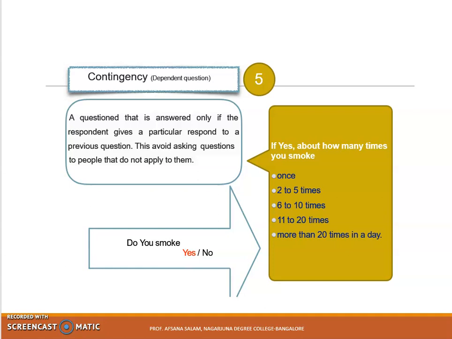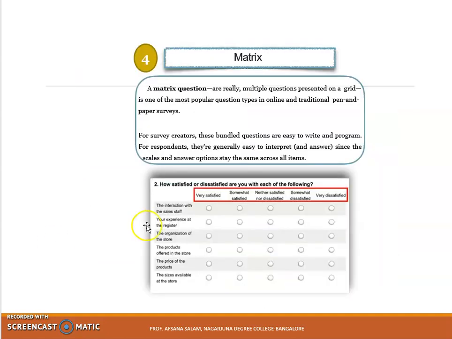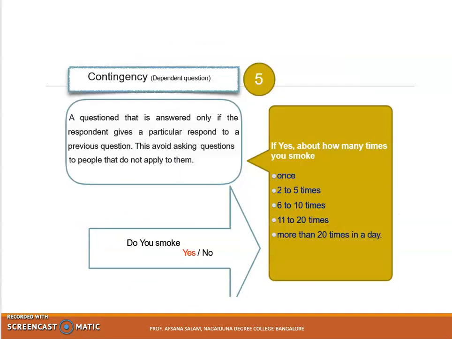And the next one is contingency, another option you find here. So you have various options. Contingency is also similar, but here you will have a connection with your previous question. So you are depending on another question. You can see here: do you smoke? If yes, then you have this option. If they say no, then there is no point in asking this question.